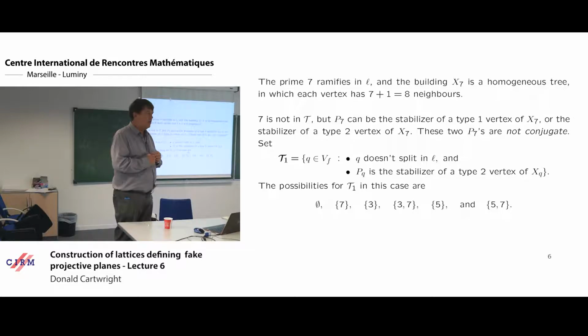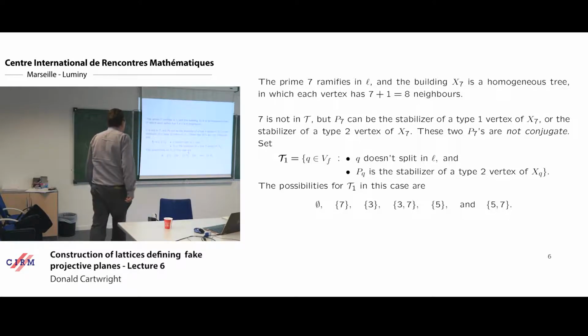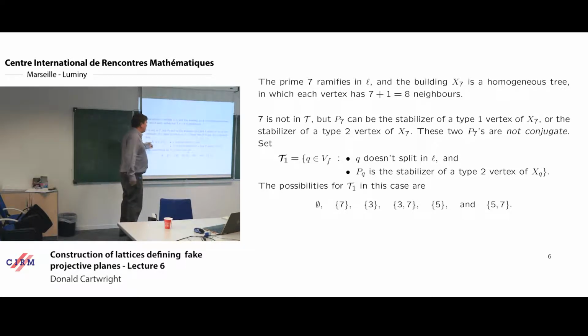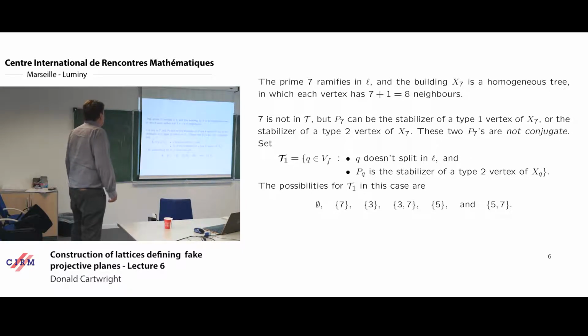Okay, so that's important because these classes are up to conjugacy, you see. So what's really important for us is not the set T, but the set T1. It's the set of primes which don't split in L, and for which P sub Q is a stabilizer of a type 2 vertex.